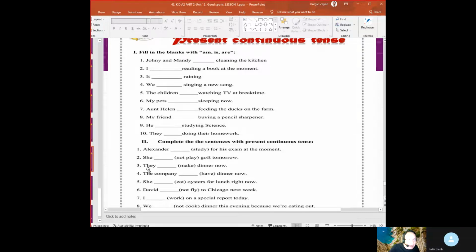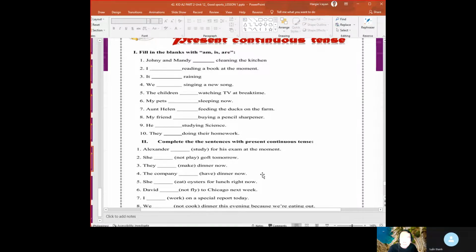Okay, number 3. They are making dinner now. Okay, can you type on the chat box how to do that? The correct answer. So the correct answer is are making. Can you type it, the one that I gave you? Just like that. Okay, type it.